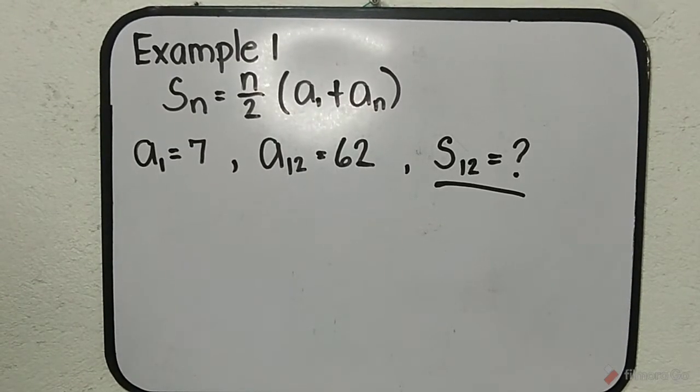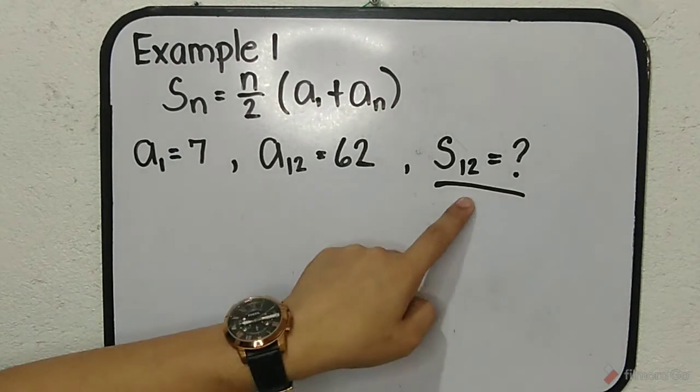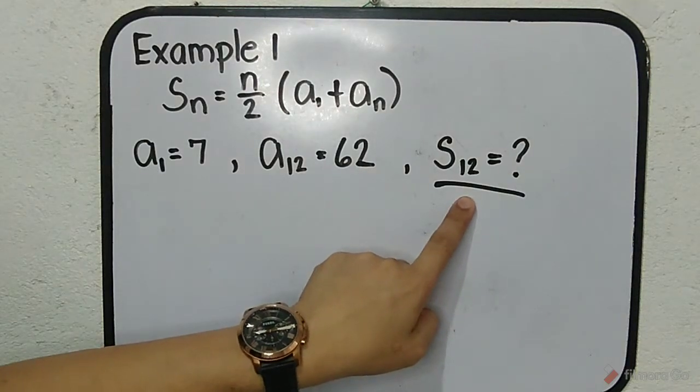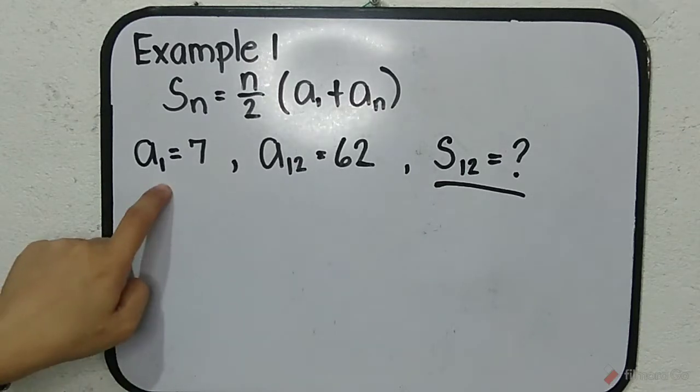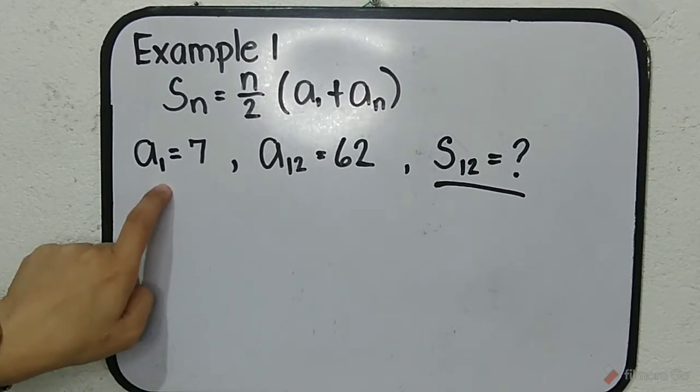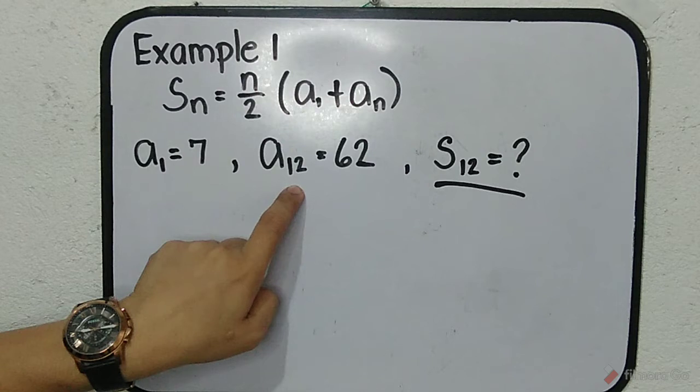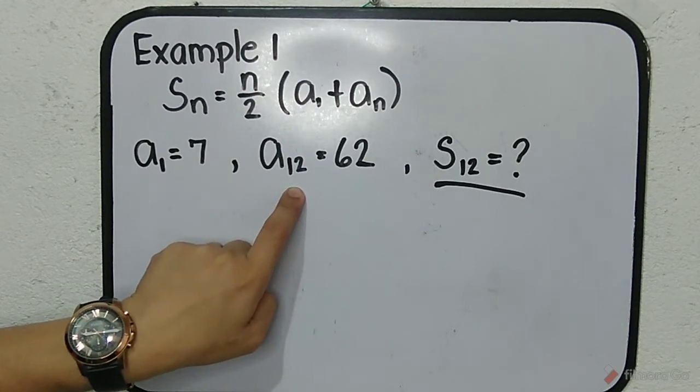For our example number 1, find the sum of the first 12 terms, S sub 12, of an arithmetic series where a sub 1 is equal to 7 and a sub 12 is equal to 62.